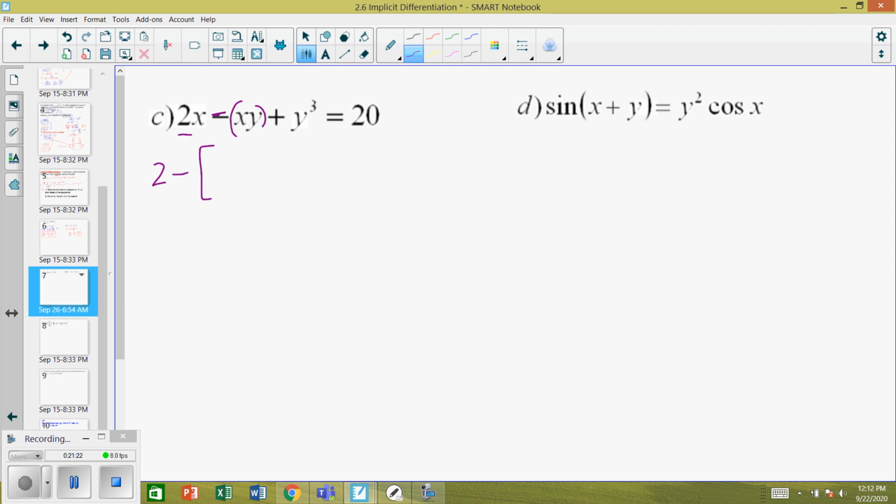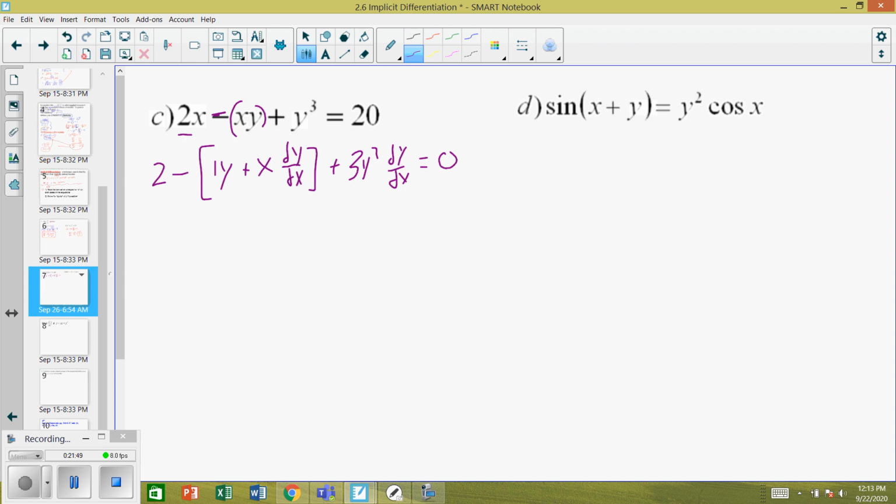The derivative of x is 1, and I'm going to leave the second one the same, plus leave the first the same, and the derivative of y is also 1, but 1 times dy over dx. And then plus 3y squared dy over dx, and the derivative of 20 is 0.